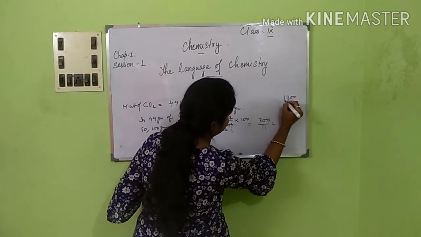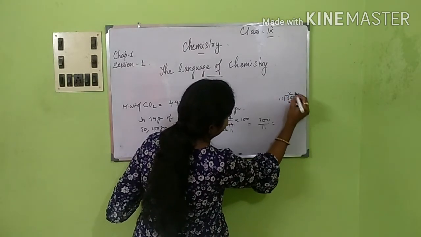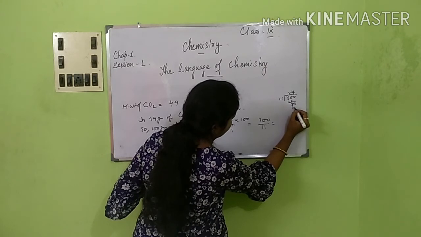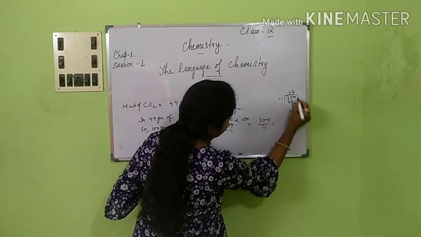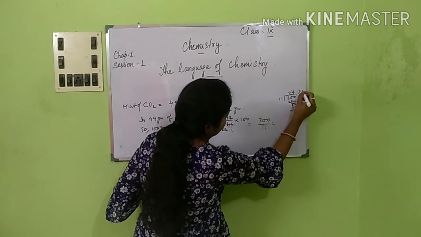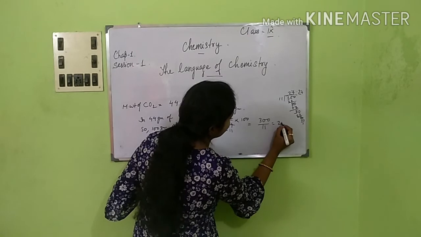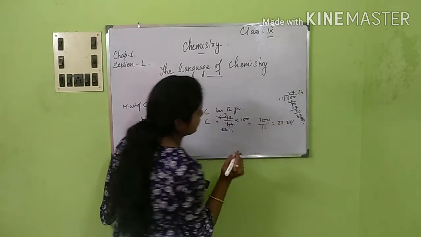Just let me divide here. So it's coming 27.27%, something like this.